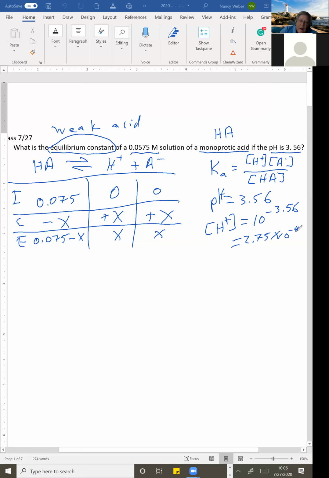So we can go back and change a couple things. We now know what the X is, right?